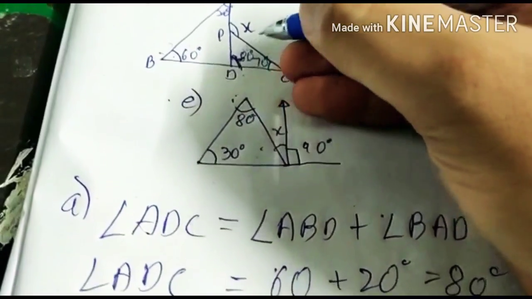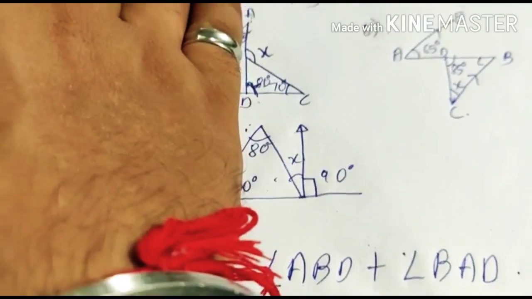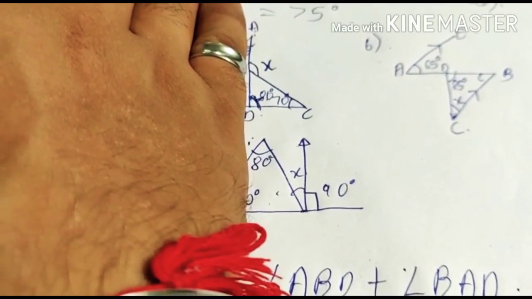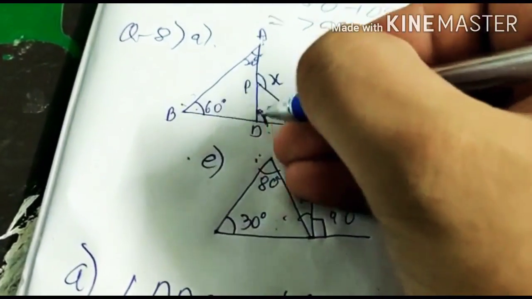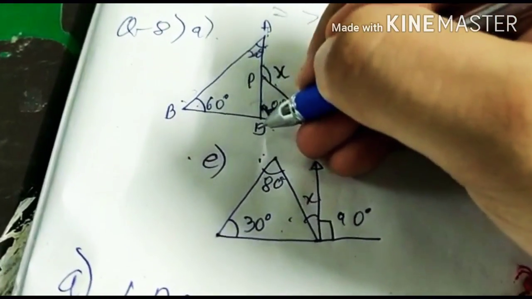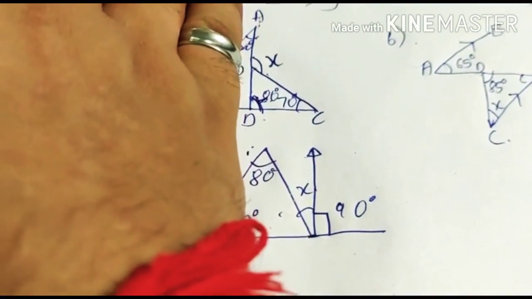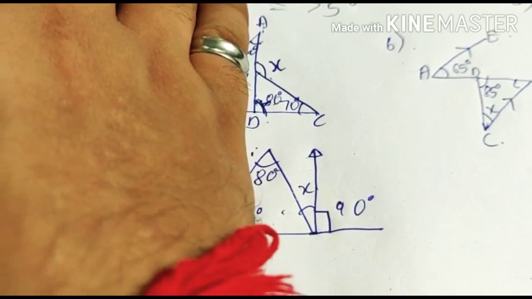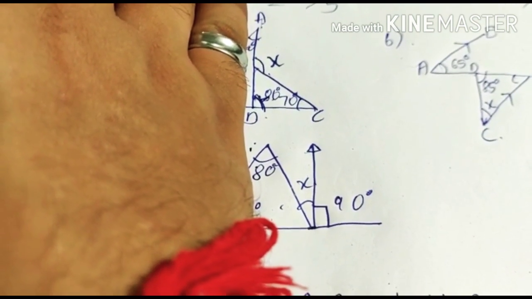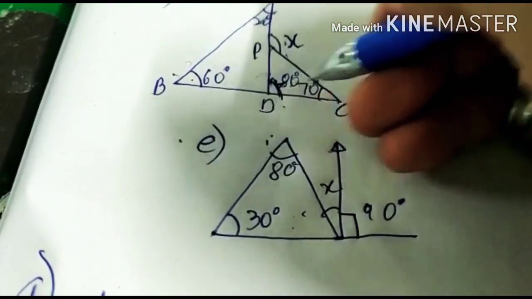Okay. Now if we see this figure, here X is the exterior angle to the triangle PDC. PDC is a triangle and we have extended PD to point A. So on extending this, angle X is formed as the exterior angle. X being the exterior angle, the sum of the interior opposite angles equals the exterior angle. So this exterior angle will be equal to 80 plus 70.